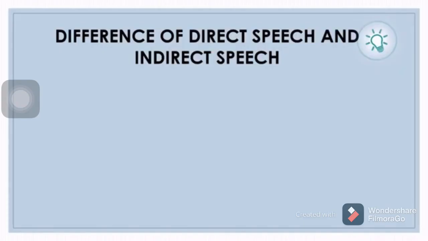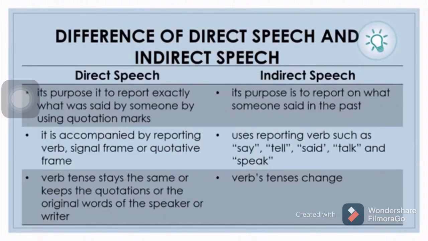Okay, let's proceed to the difference of the direct speech and indirect speech. In the direct speech, its purpose is to report exactly what was said by someone by using quotation marks, while in the indirect speech, its purpose is to report on what someone said in the past.